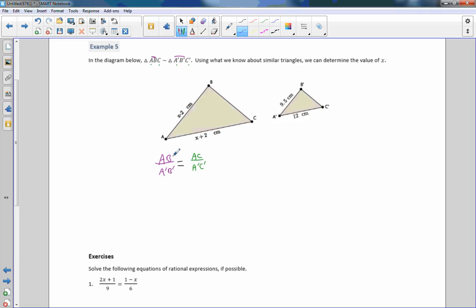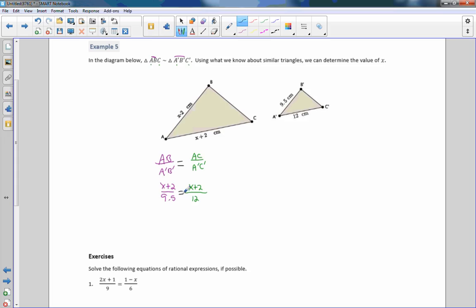And now I'm going to fill in these values. AB is x plus 2. A prime B prime is 9.5 centimeters. I will just leave it 9.5 for now, and I'll bring in the unit of measurement when we're done. Equals AC is x plus 2. A prime C prime is 12.